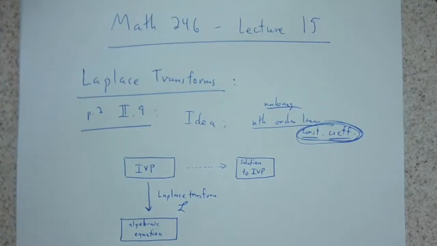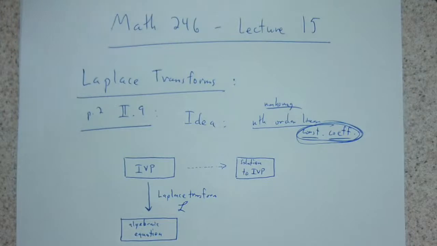Now, the benefit of algebraic equations compared to a differential equation is that differential equations typically cannot be solved by the sort of algebraic manipulations you would use to solve a polynomial equation.